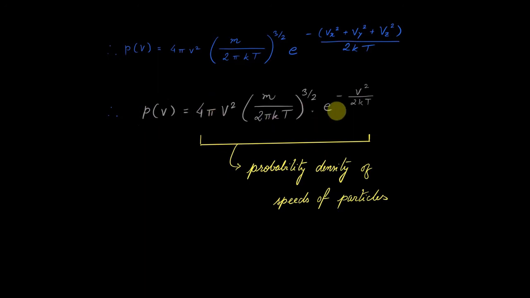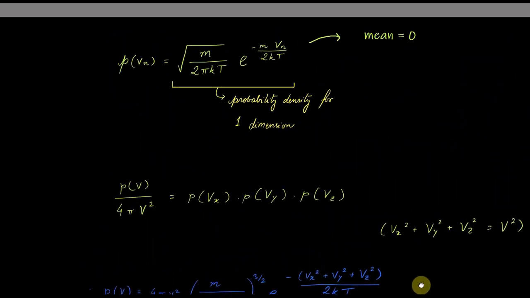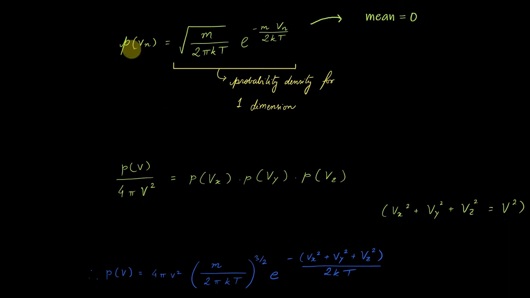You can't do that based on this probability density because this is invalid for assigning component-wise velocities. For that, we have a different probability density. So this function right here gives the density for velocities in one direction. So you can use this to assign component-wise velocities.